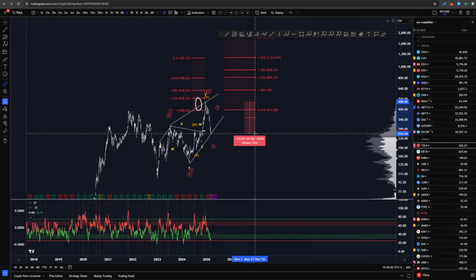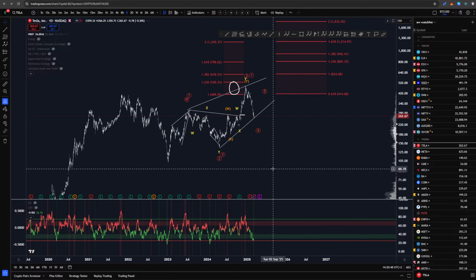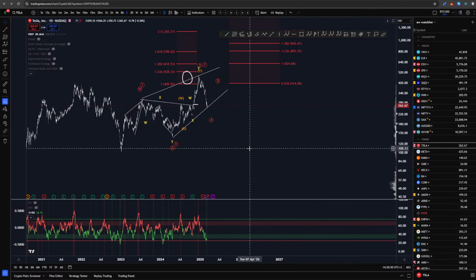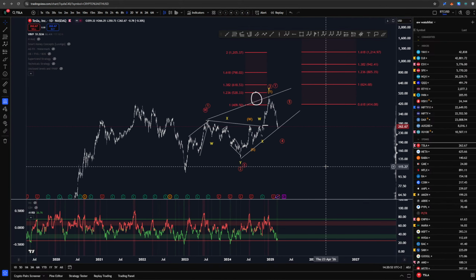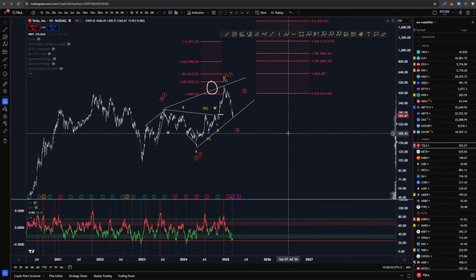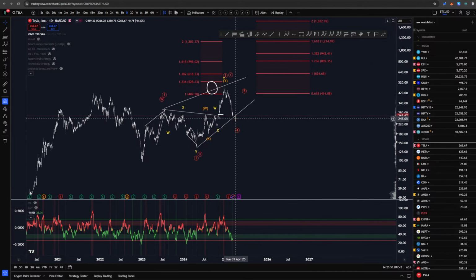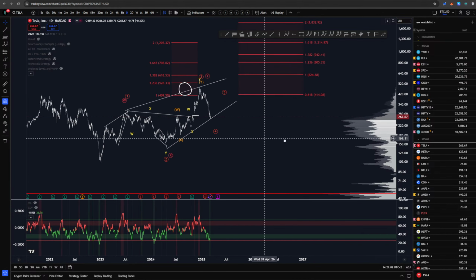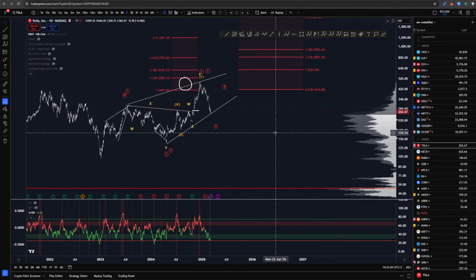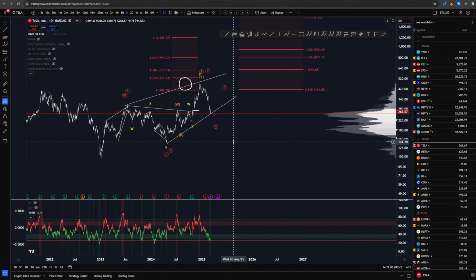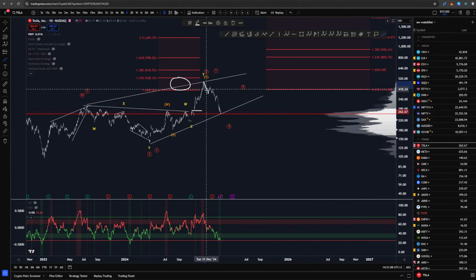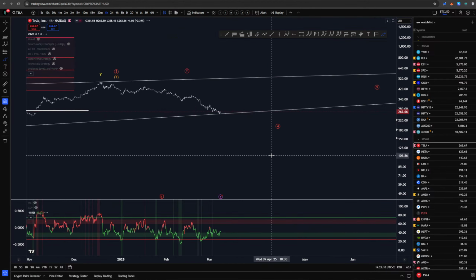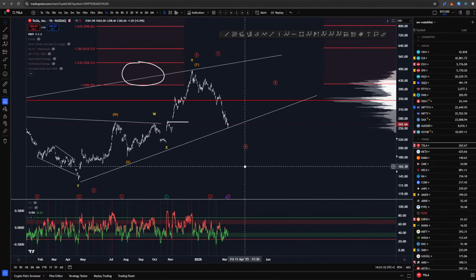That is massive. Of course, at this point, I would be looking to start buying if I was just a normal investor, but based on the Elliott wave, I'm still holding my buy button not pressed. I don't see a reason to go long on this one. This here is very scary in my opinion, how this is coming down.